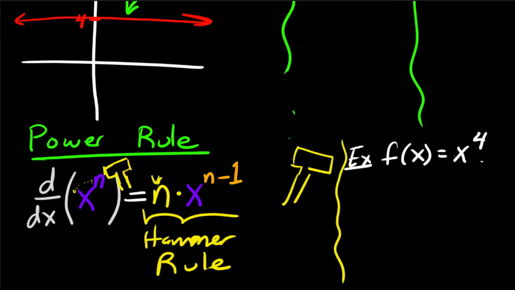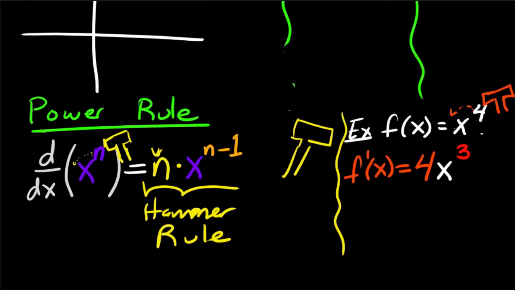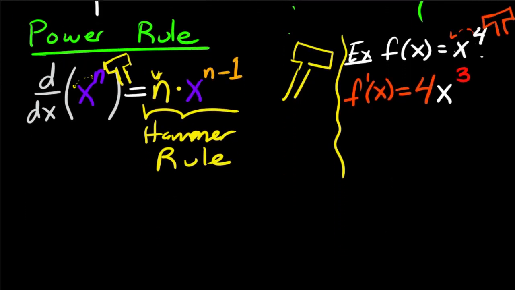I use the power rule. Let me bring down the hammer. Bam! This knocks the 4 down. So the derivative is equal to 4, and then x raised to the power that loses 1, so 4x to the 3rd. And so that's the derivative. Easy, huh?